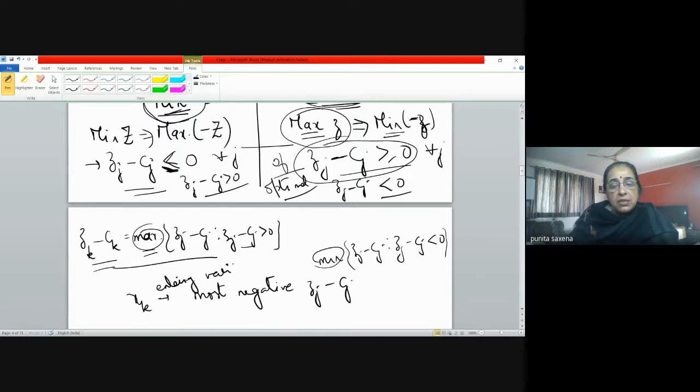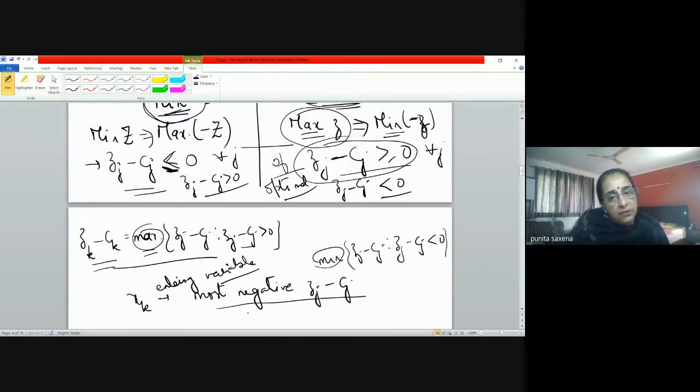Okay. Now see, these are the variations that I'm talking about. If you are solving a maximization problem directly, then optimality would be attained only if all Zj minus Cj's are more than or equal to 0. If they are less than 0, then we choose the most negative Zj minus Cj to enter the basis.